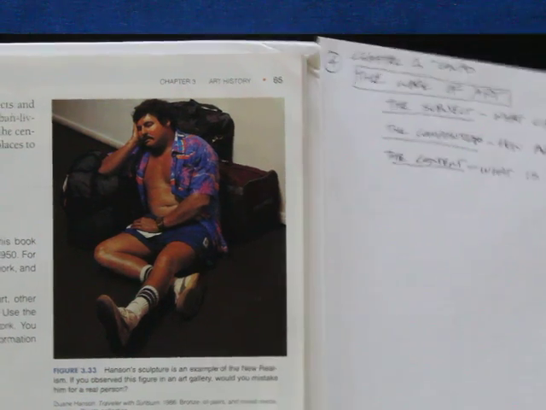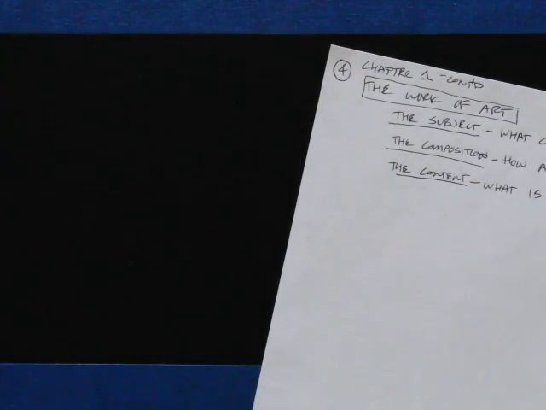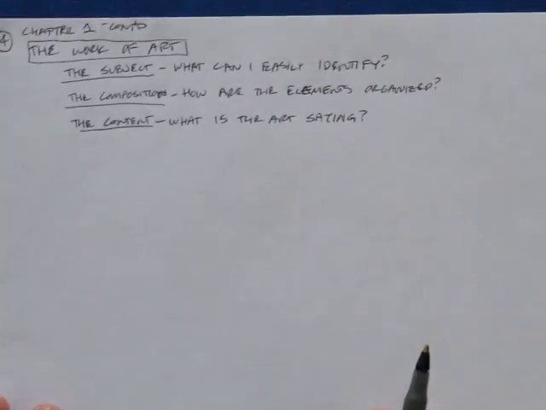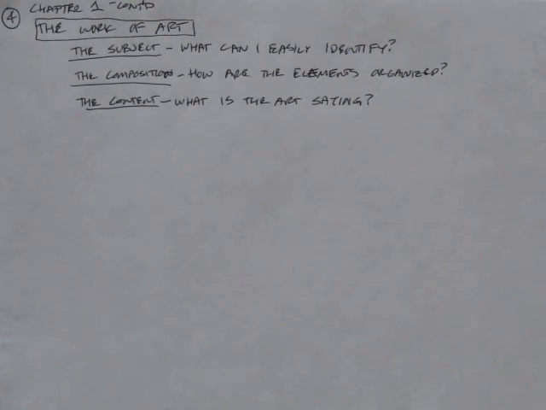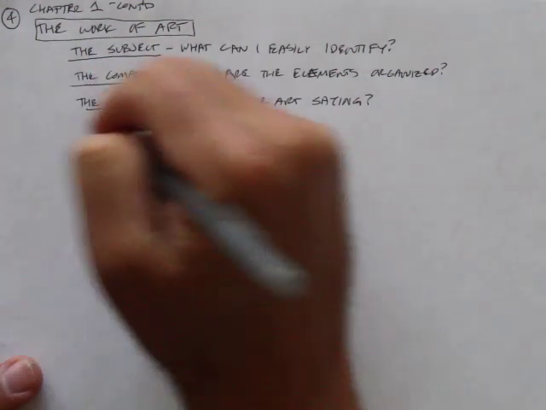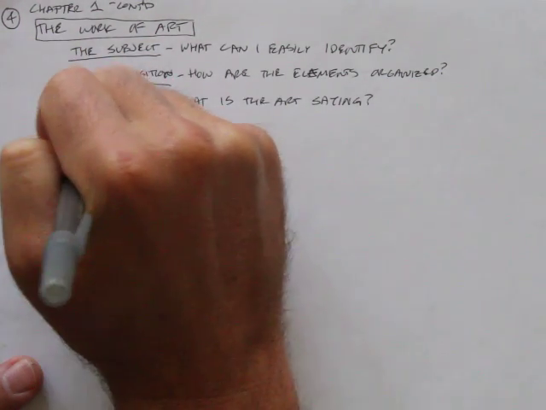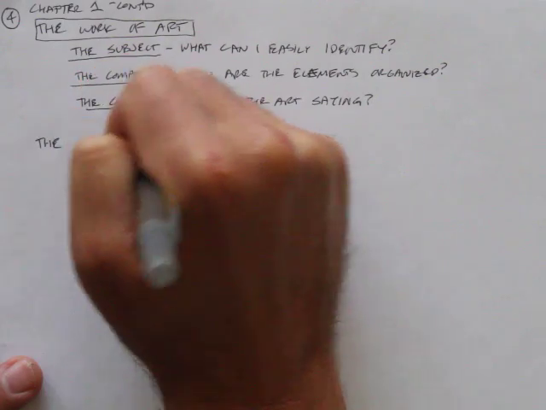All right. The last part of this fourth section of chapter 1 that we're going to look at is the credit line. The credit line.